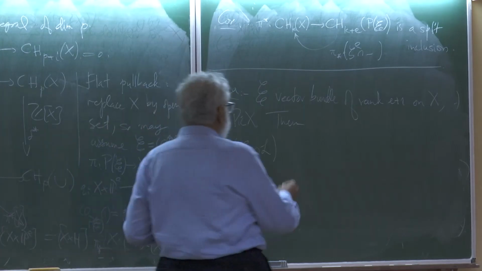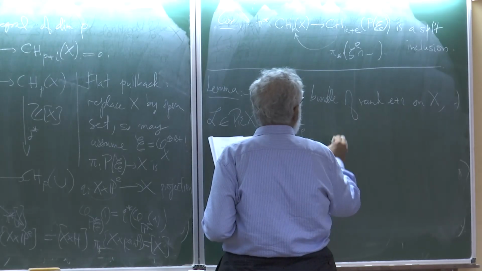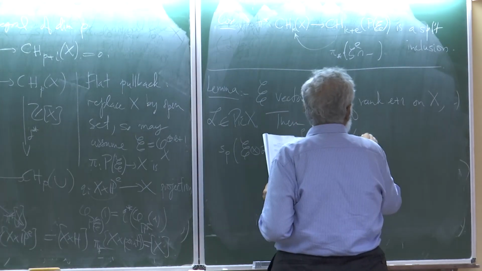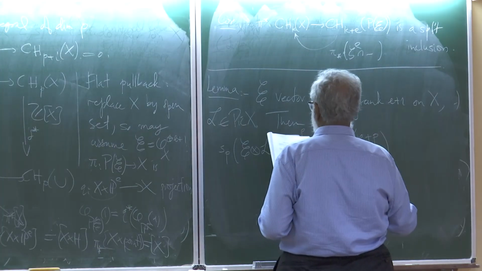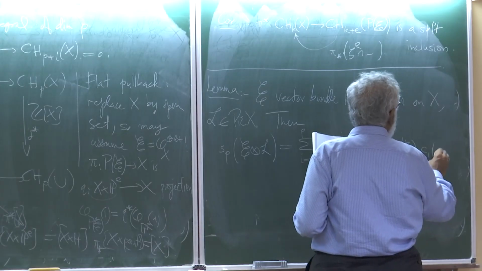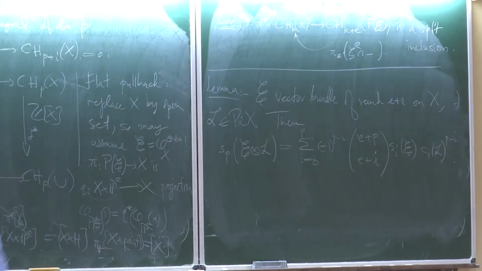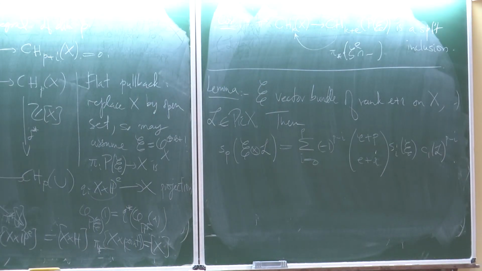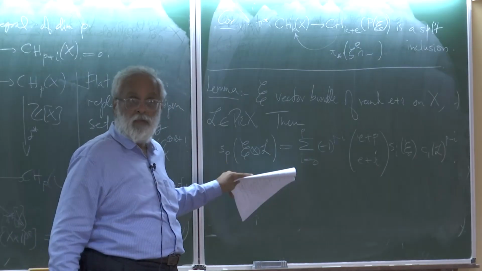This is equal to the sum, i equals 0 to p, of minus 1 raised to p minus i, e plus p choose e plus i, S_i(E), c1(L) raised to p minus i. So S_p of the twist is a linear combination of S_i's, i less than or equal to p, times powers of the Chern class of the line bundle with some suitable coefficients. That's the formula.